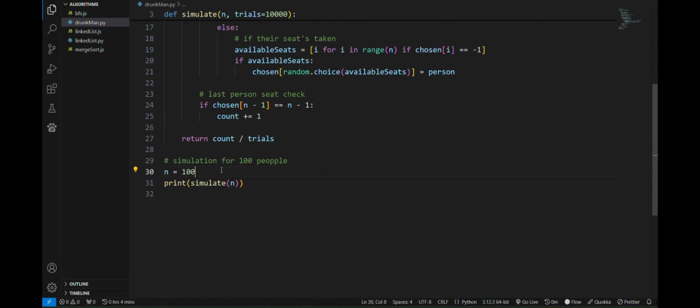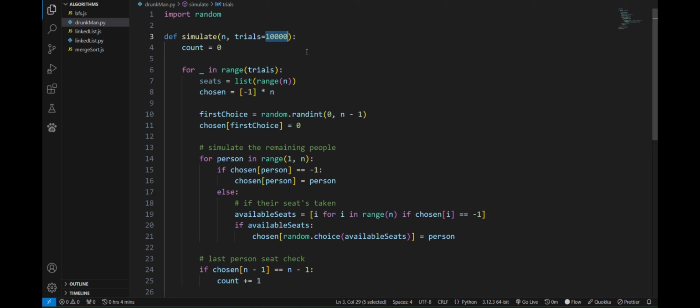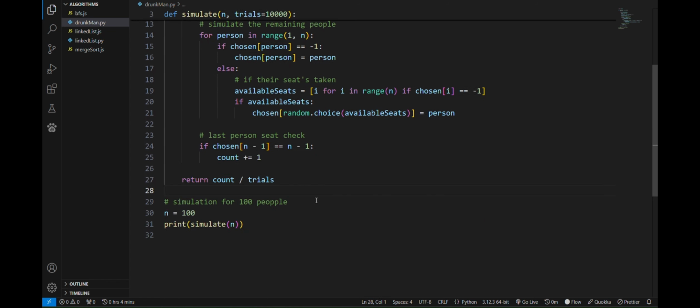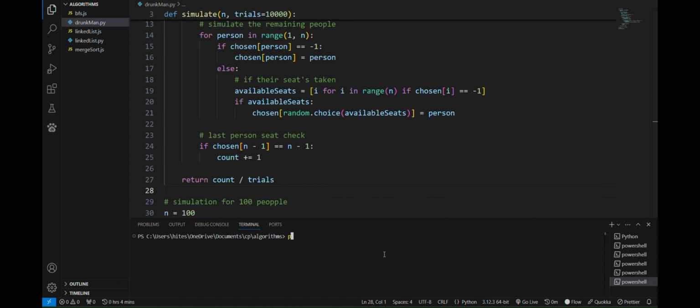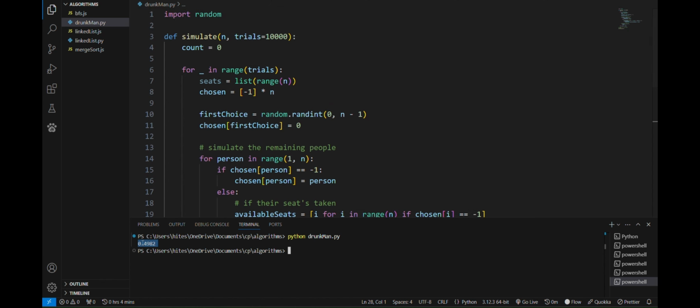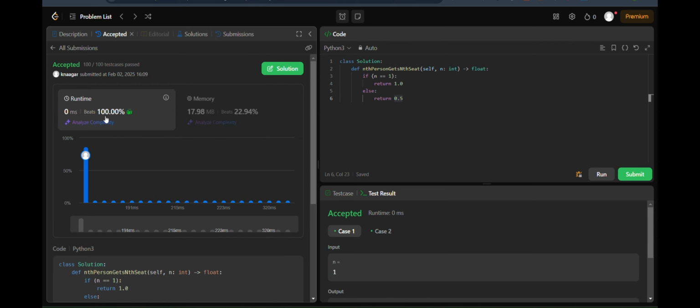So let's say our n is 100, and we simulate for n and we have trials of 10,000, right? So you can see the probability is really close to 0.5. The theoretical probability is 0.5, and obviously, if we increase the number of trials, it will get closer to 0.5. Here you see. So yeah, this is how we'll solve this particular question.